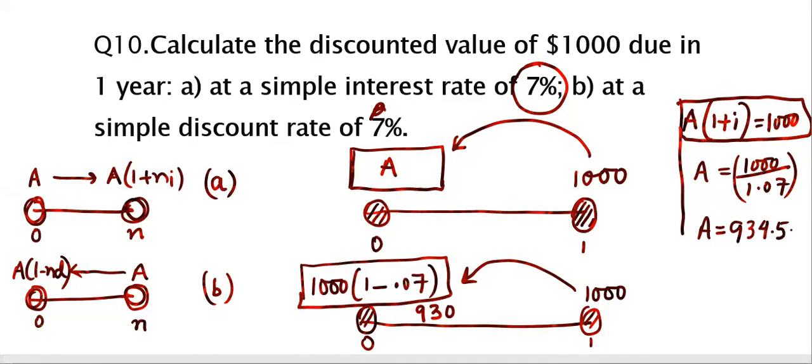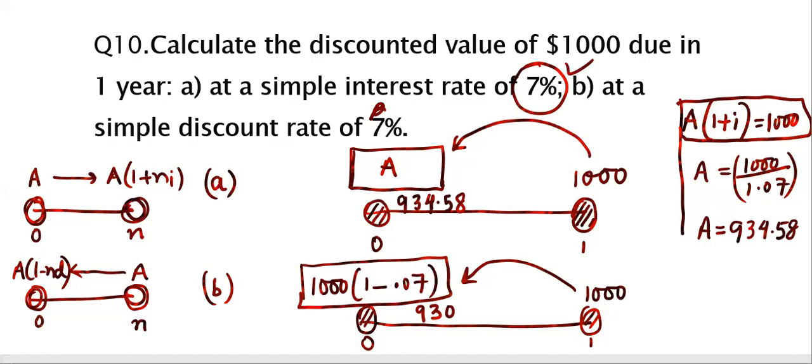I'm not sure of the value, you can check it properly. So this is the amount, and if you deposit this amount, 934.58, it will grow at 7% i to 1000.